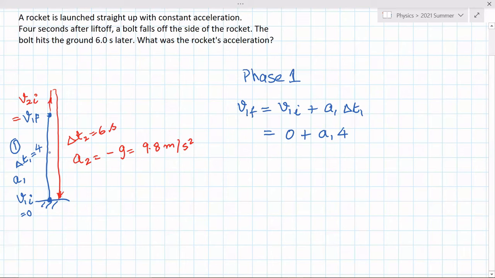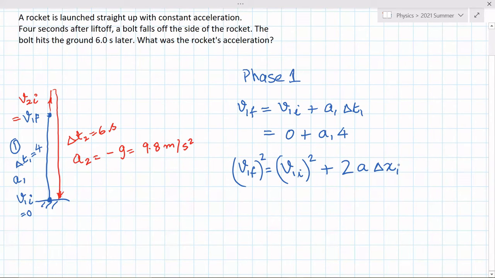So let's say delta x1, how can we use that? We have v, delta t, a, delta x. So we could use V1 final squared equals V1 initial squared plus 2A delta x1.